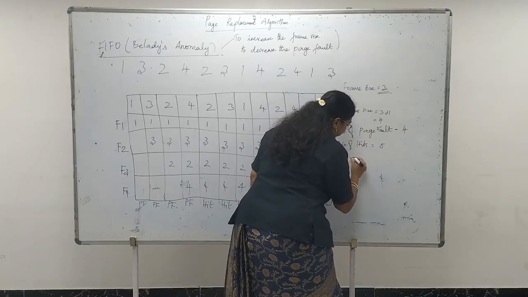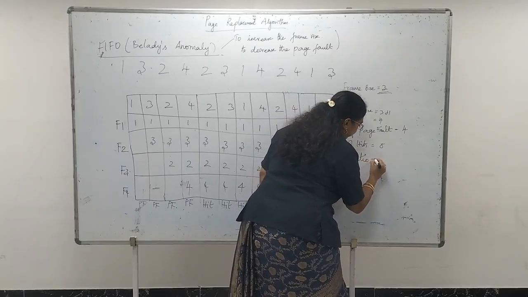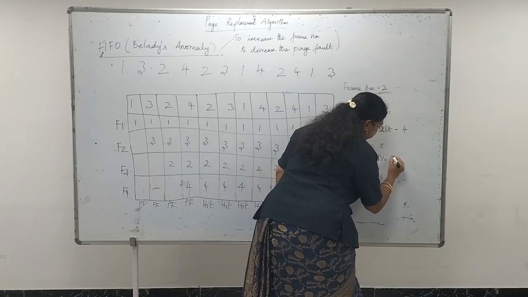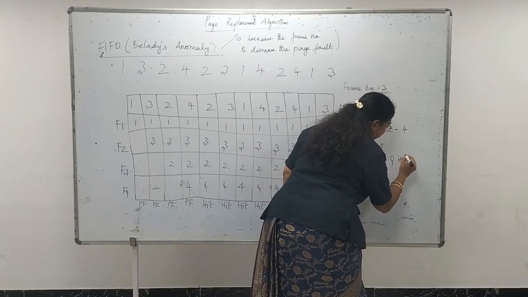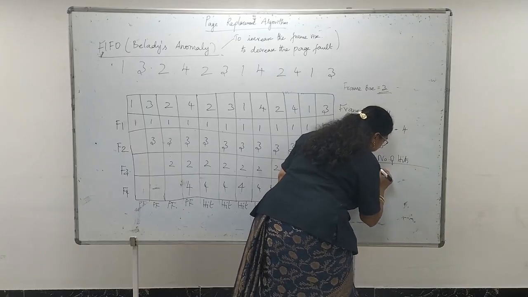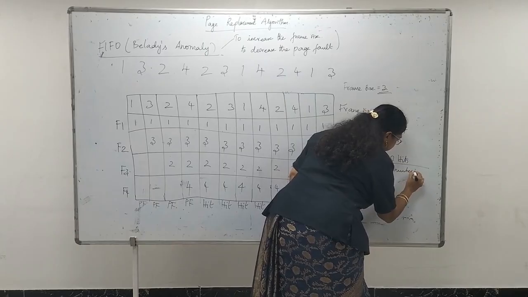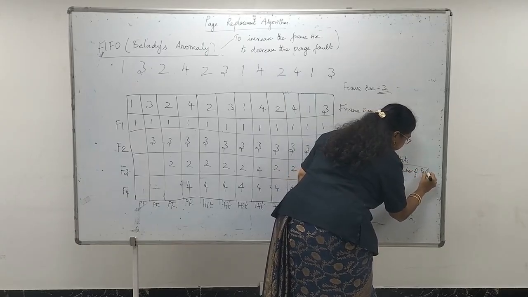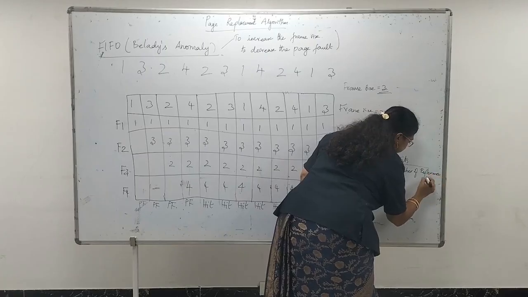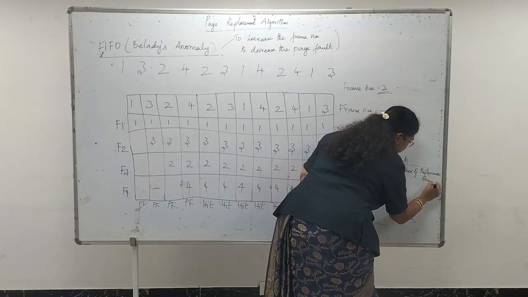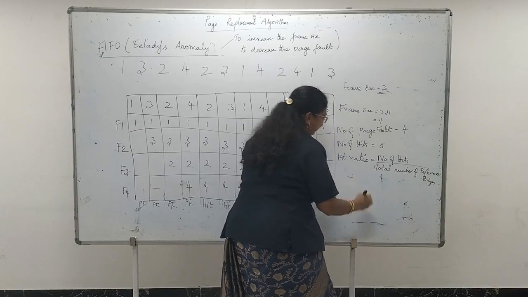So hit ratio is equal to number of hits divided by total number of reference string.